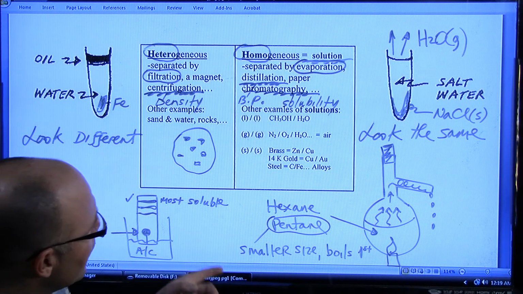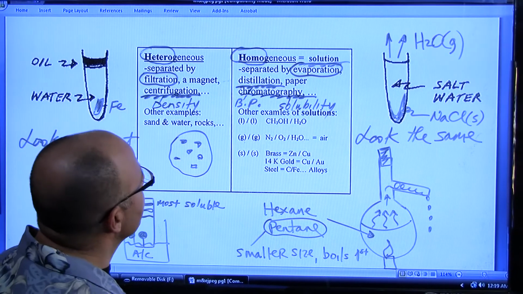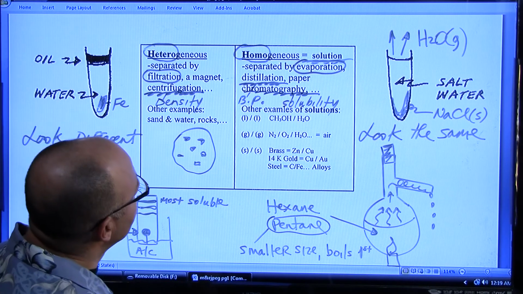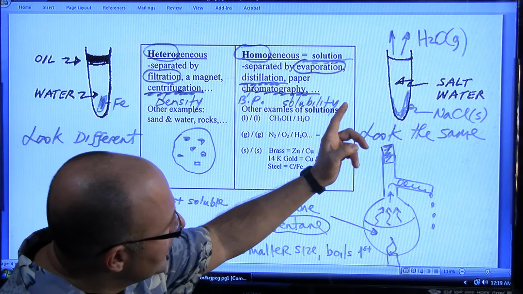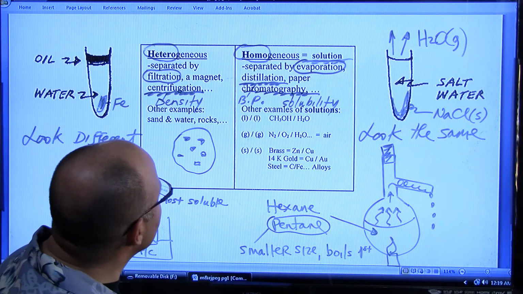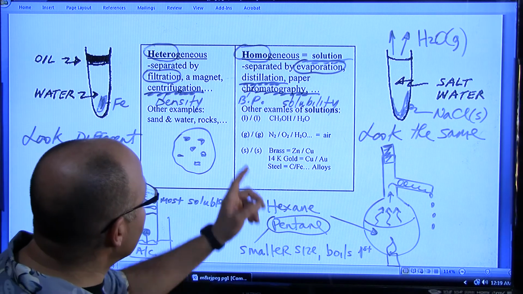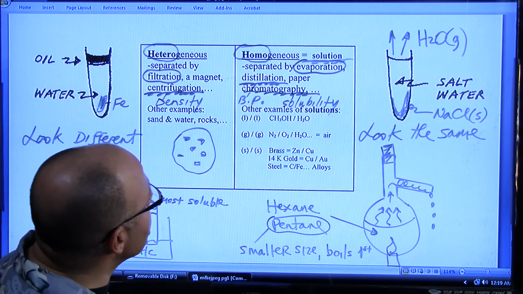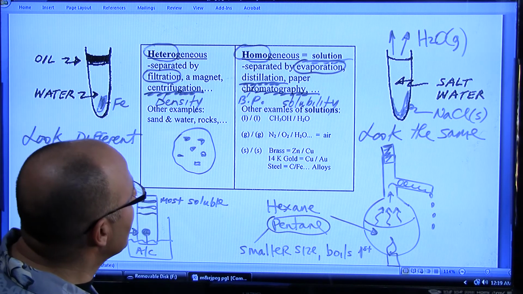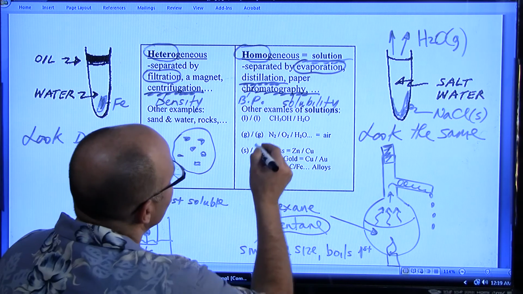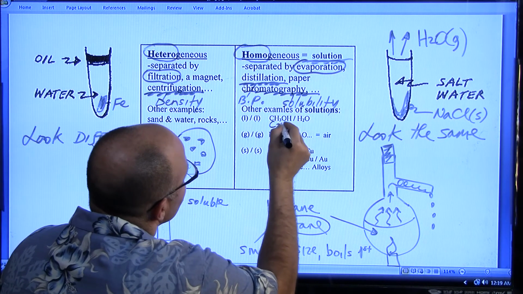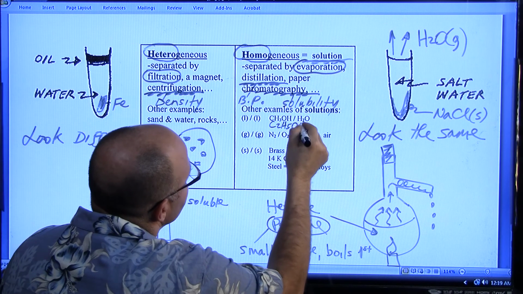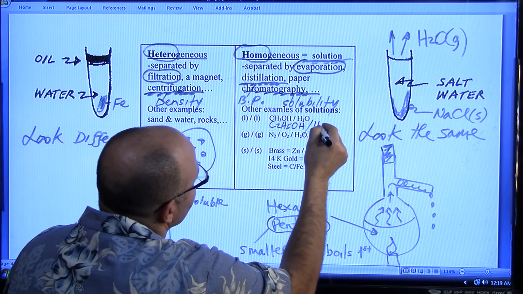Okay, as far as other examples of solutions, you should note, besides having a solid and a liquid, as in the case of salt and water, you can have a liquid and a liquid, like CH3OH in water. CH3OH is an alcohol. It's known as methanol. Another one would be C2H5OH, ethanol in water.